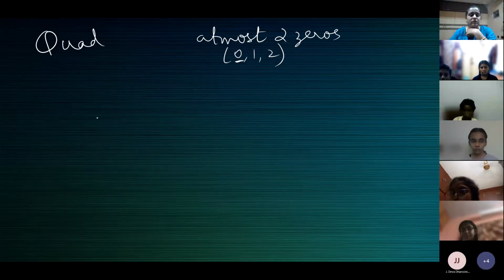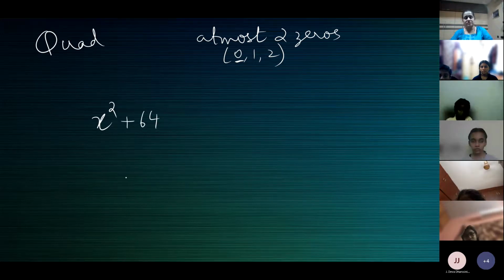For example, if you take the quadratic polynomial x squared plus 64, there is no real value for x which can make the value of this polynomial 0. Because we know there are imaginary values also.